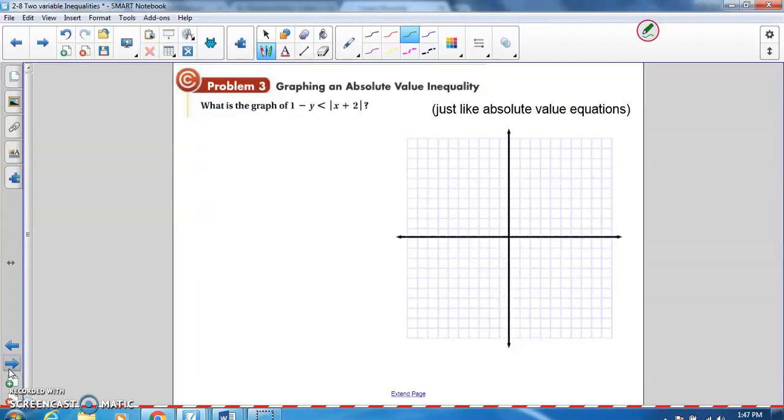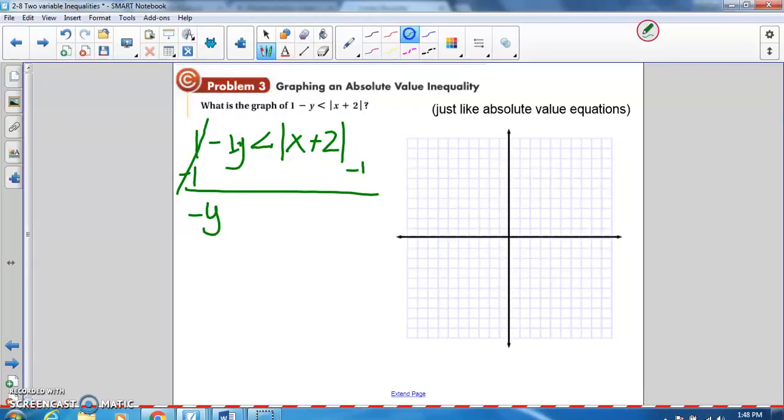Just like we graphed a linear inequality, we can also graph absolute value inequalities, just like we were graphing absolute value equations. We're going to solve for y in our inequality. So we have 1 minus y is less than the absolute value of x plus 2. I'm going to subtract 1.